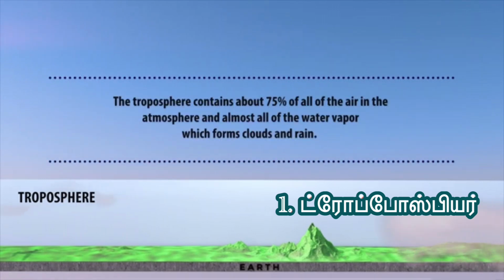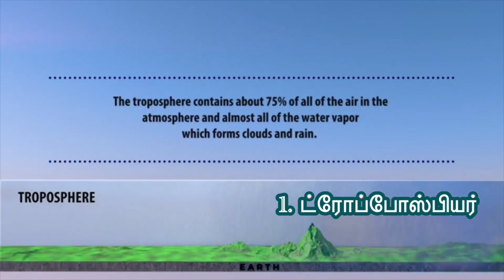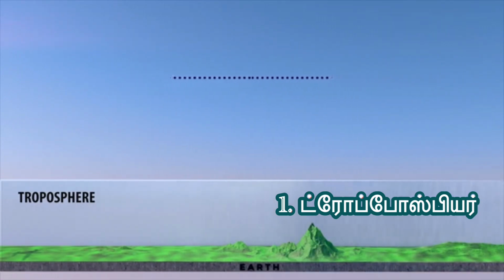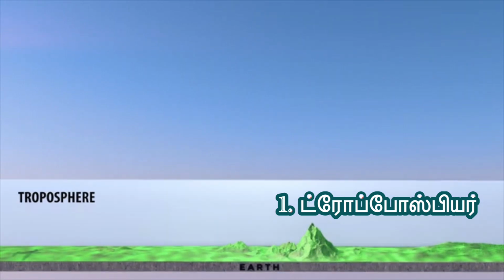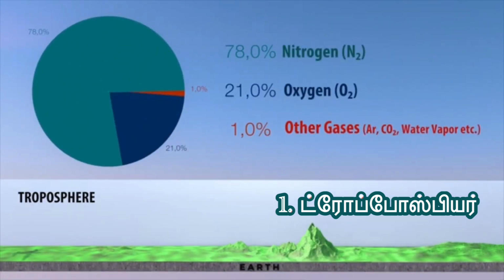This layer contains 75% of the air, which includes water vapor. As I said, the fog which we see through our eyes is nothing but water molecules evaporated from the ocean, small rivers, ponds, and all.